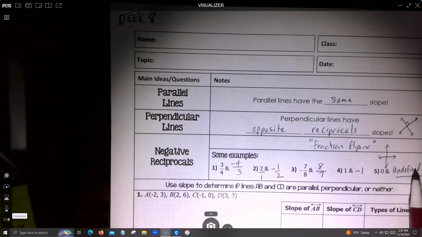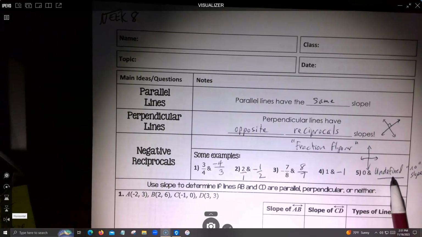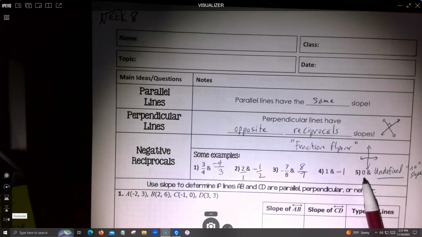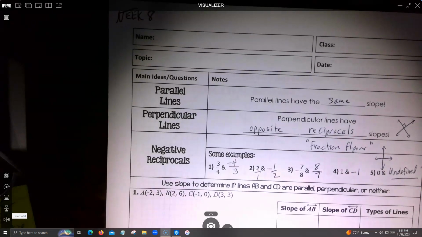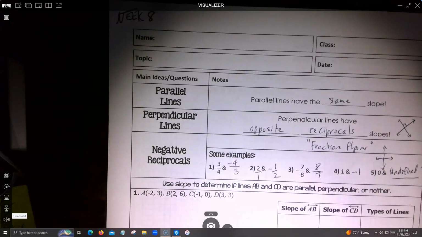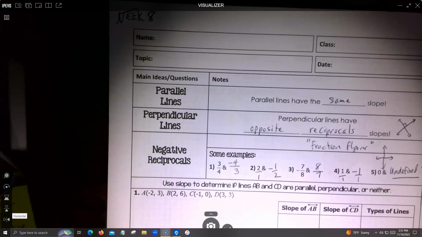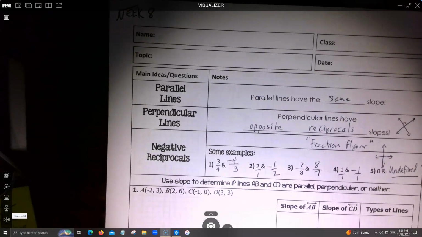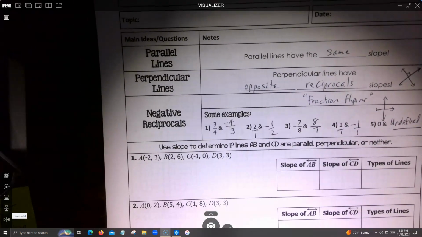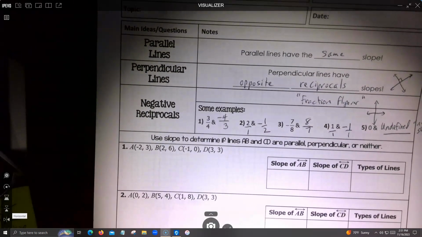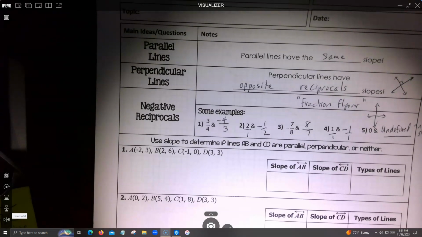So that's the only exception when you would not write the opposite reciprocal. Everything else is just flipped over, change the sign. It's -1.